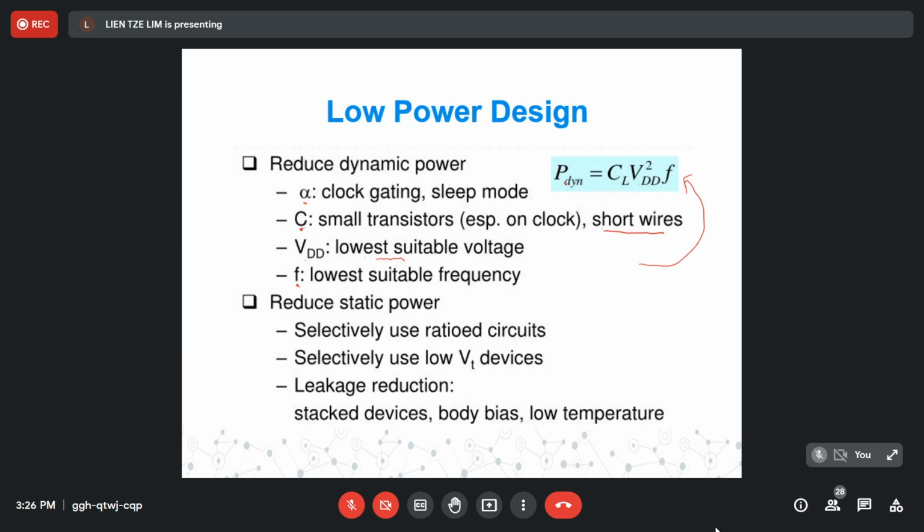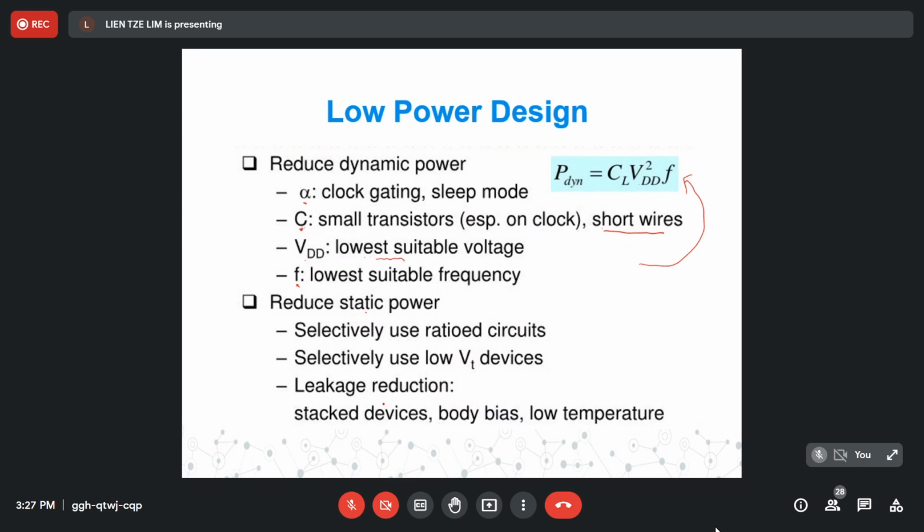Okay, and then for the static power dissipation, there are also some techniques that can be used to reduce it. One is the selective use of ratio circuits, and another technique is to selectively use low threshold voltage devices. And then leakage reduction.